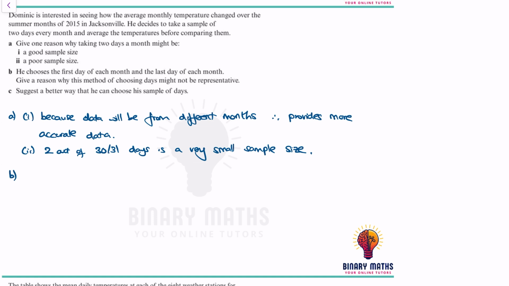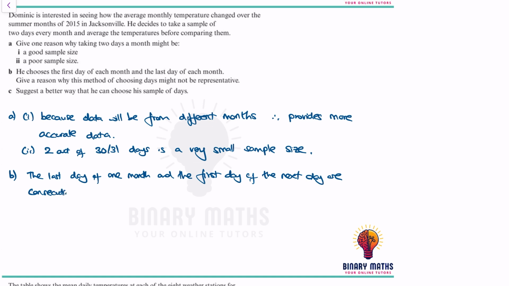He chooses the first day of each month and the last day of each month. Give a reason why this method of choosing days might not be representative. Now, if he's choosing the first day and the last day, then the last day of one month and the first day of the next month are consecutive days, therefore not random.